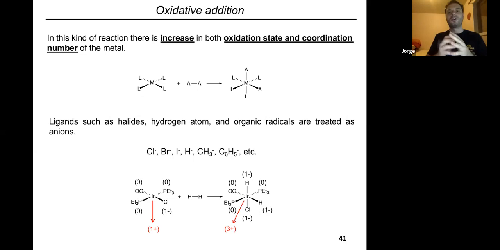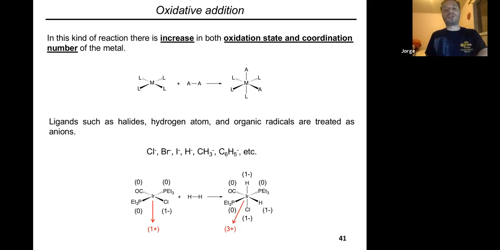Okay? Now let's take an overall look at the reaction. We started with a complex that has coordination number equal to 4, and at the end, the coordination number increased to 6. That's an indication of oxidative addition.